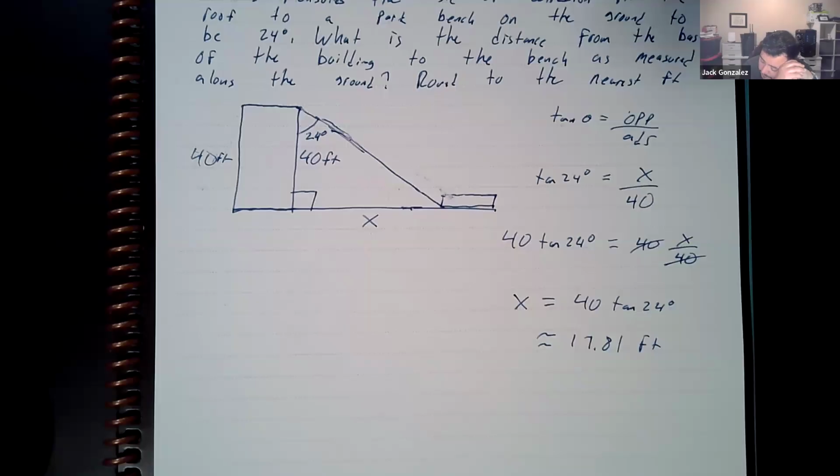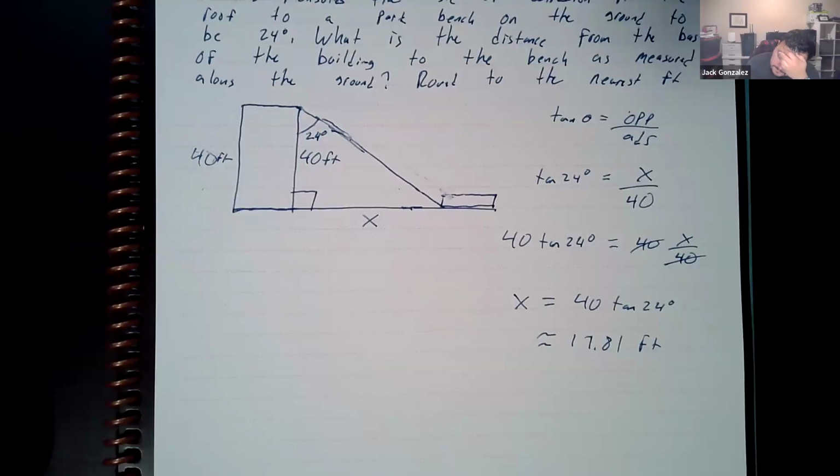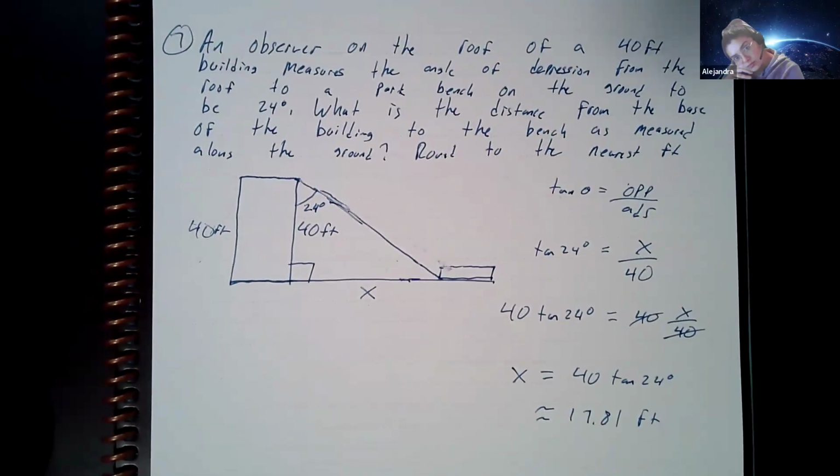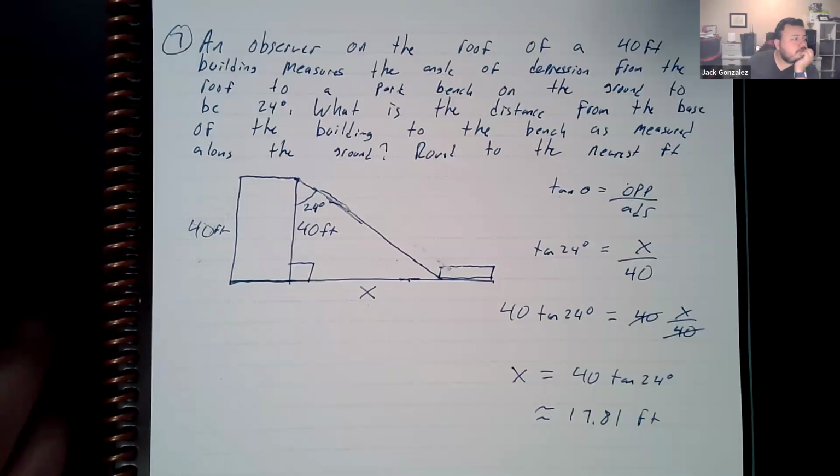The way I drew it would set it up like this, but your picture would set it up differently. So now I'm wondering, did I read it wrong, and do we draw it wrong? Do you all disagree with this picture? It's such weird wording. Observer on the roof of a 40-foot building, from the roof to the point on the park bench.